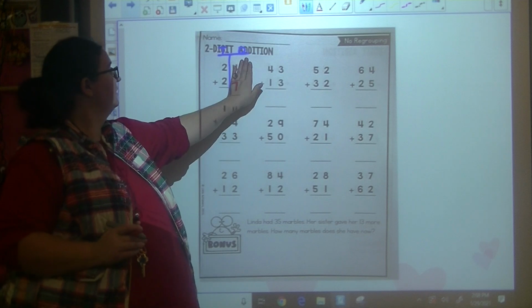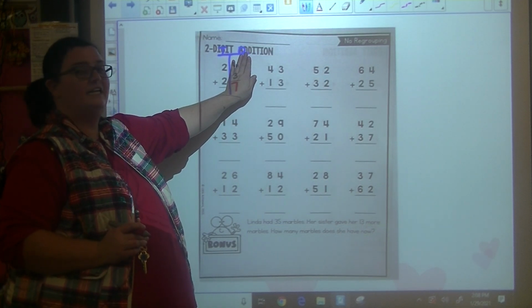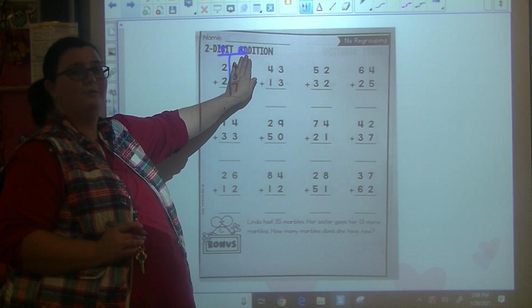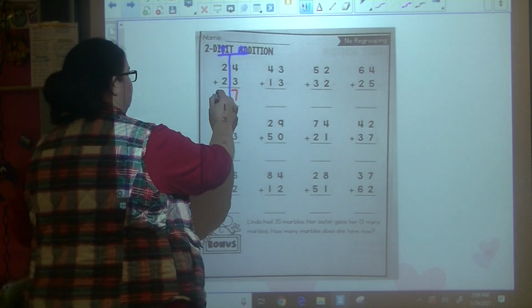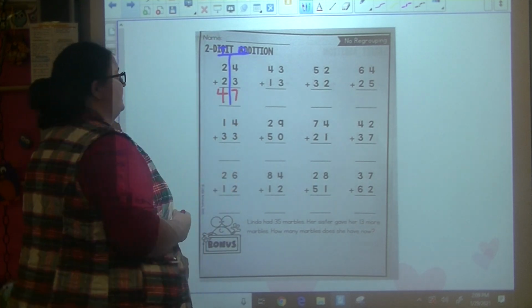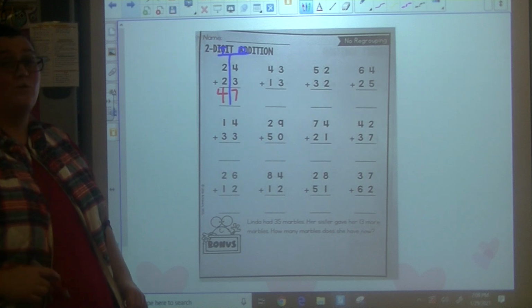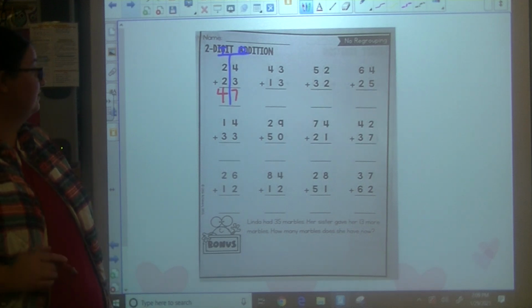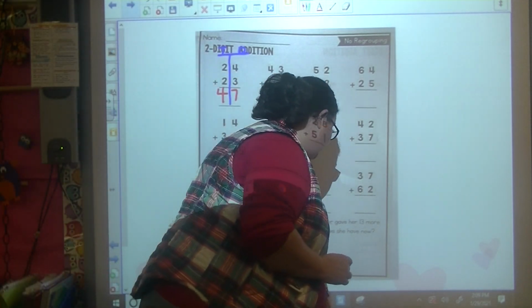Now, let's play hide and go seek on the opposite side. Your tens, what's 2 plus 2? 4. 4 groups of 10. What's your answer? 47. That's right. Let's go to the next one.